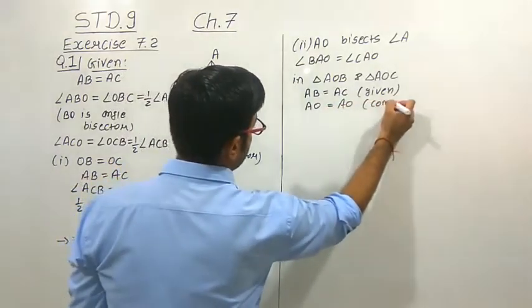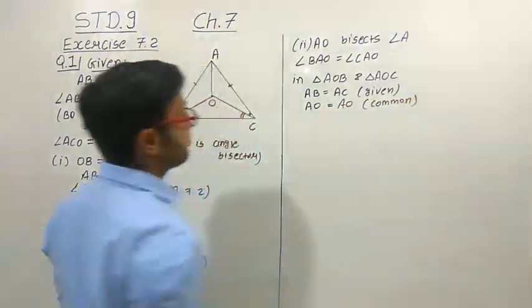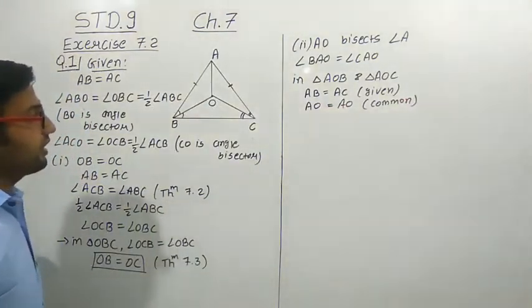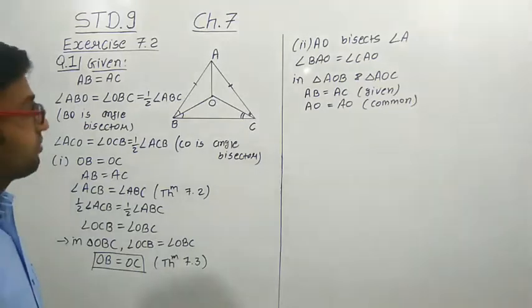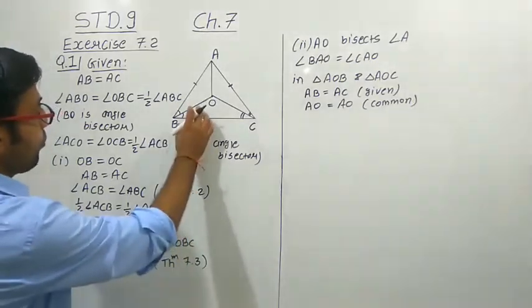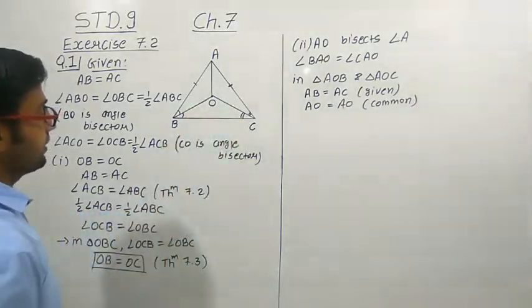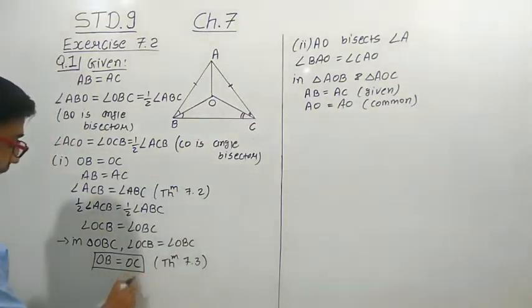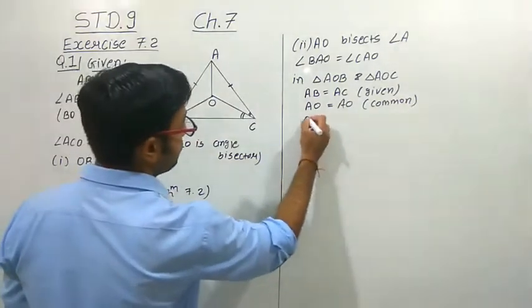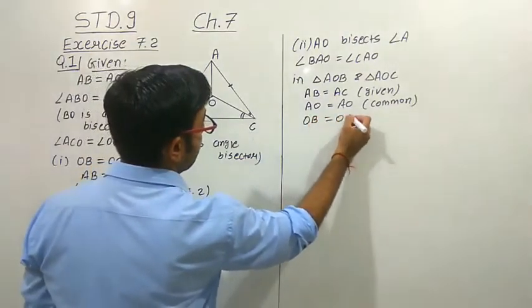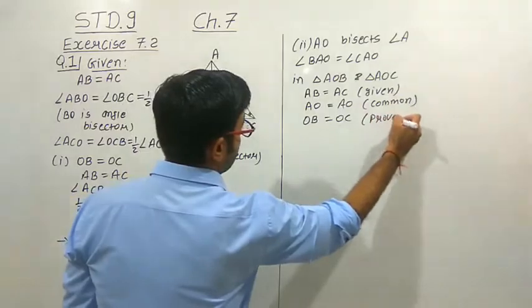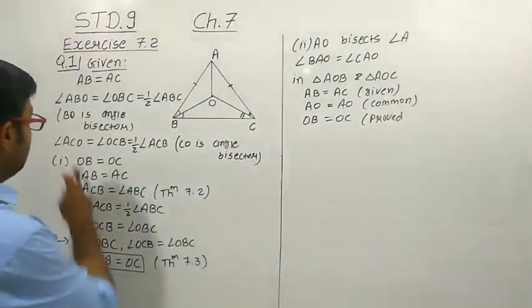And the third thing is that BO and CO are equal. Here we have proved that OB is equal to OC; this we proved in part 1.